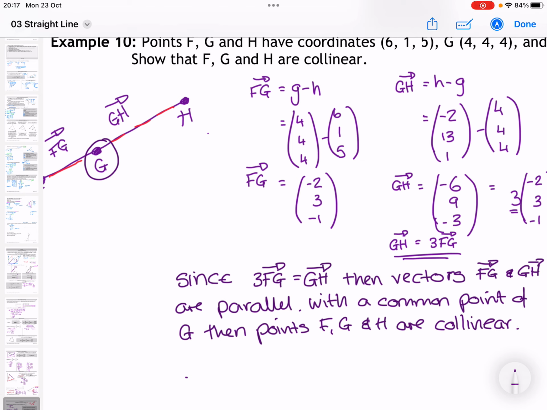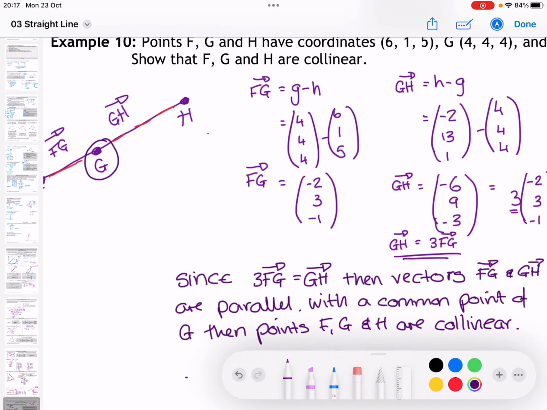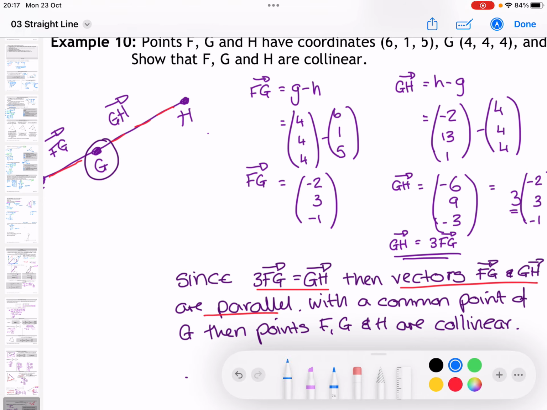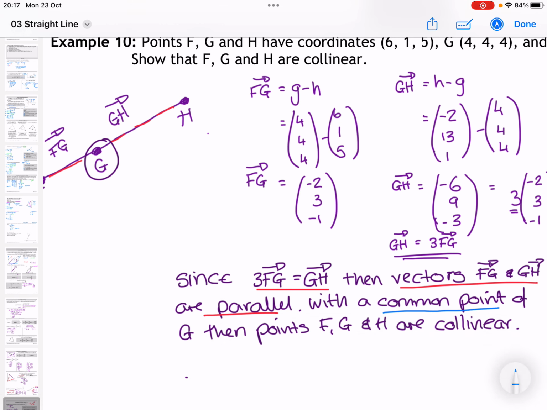Now, it's a big sentence, but you need to get that right in order to have it. When you're marking this, you need the comparison and the fact that the vectors are parallel. Then you need the common point and that the points are collinear. That's the two bits to this statement that are very important.